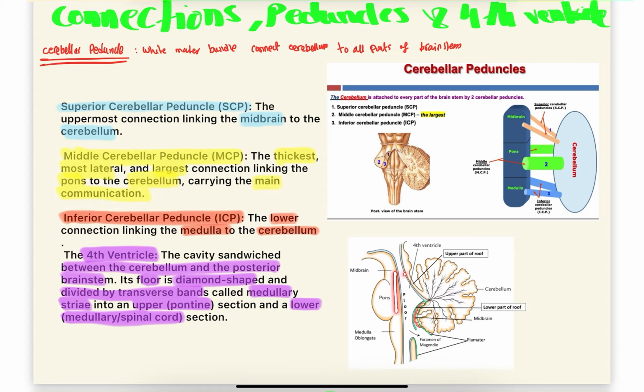So this floor of the fourth ventricle will be transverse and cut with medullary stria into what? They will cut it into an upper pontine area and a lower medullary or spinal cord area. So it will be cut like this into an upper pontine and lower medullary or spinal cord area.